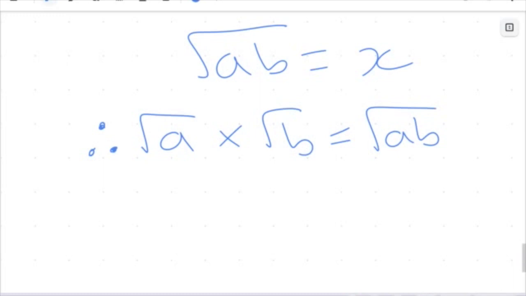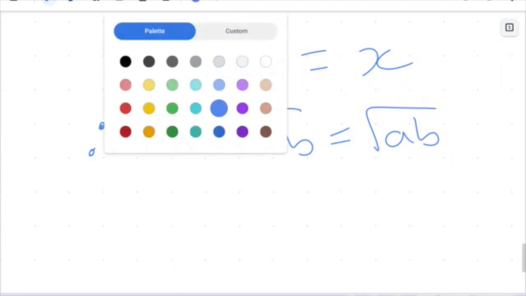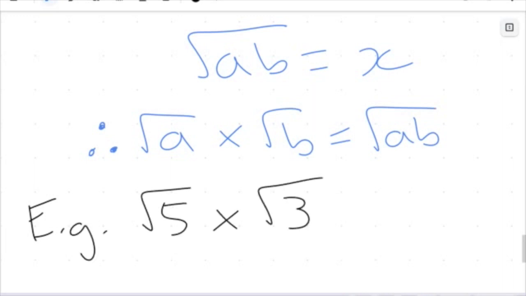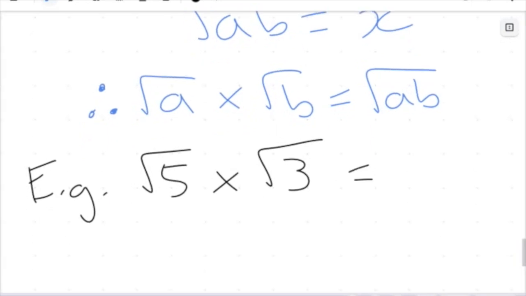This being that when we multiply two surds together, we can express this as the square root of the product of those two. So if we had an example here, root 5 times root 3, well, I can express that as just the square root of 5 times 3. And that gives me the square root of 15 here. Let's do one more example with that.